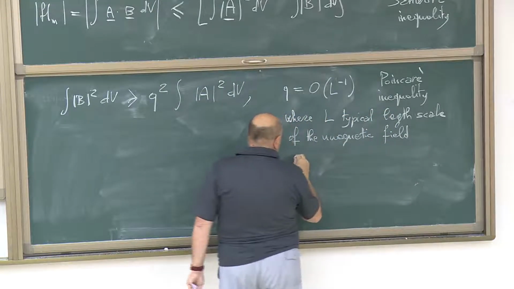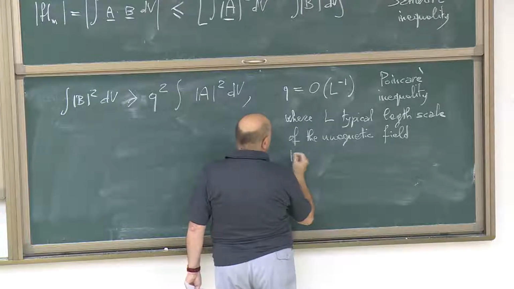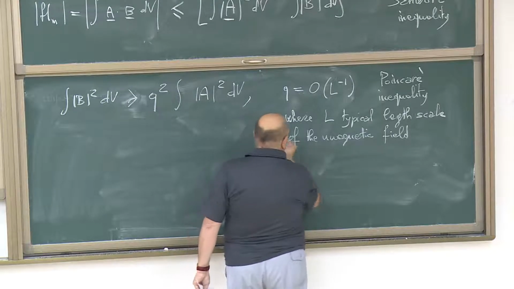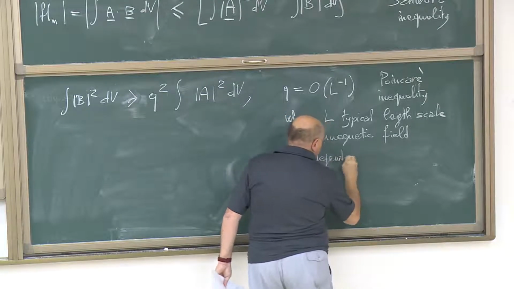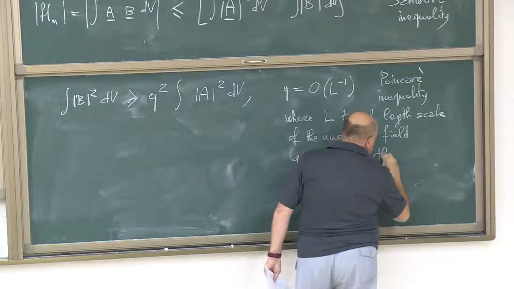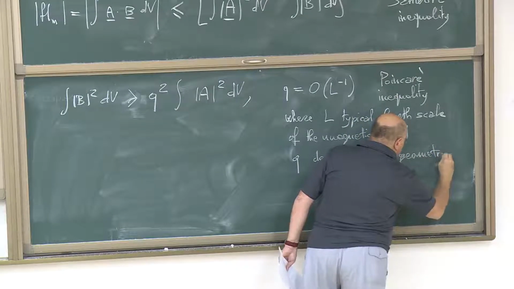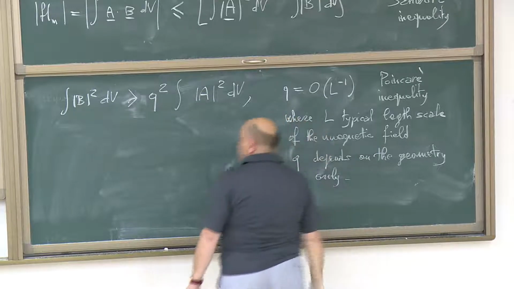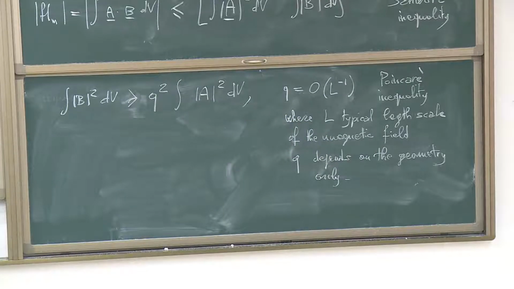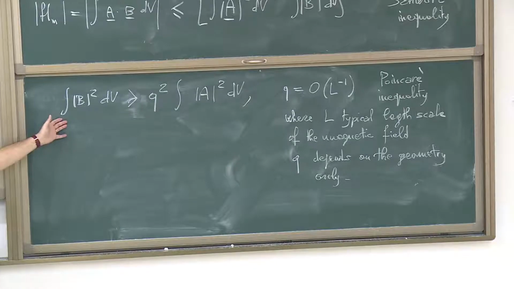I should add that q depends on the geometry, on the geometry only. So it depends on the geometry of the field. We don't know really what it is in general. And this is the inequality.